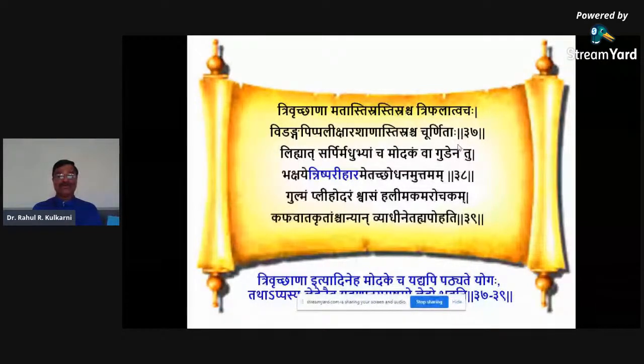But the very important thing he said with this kalpa is bhakshayat nishpariharam etat shodhanam uttamam. What does that mean? It is uttama in shodhana, and bhakshaye nishpariharam.